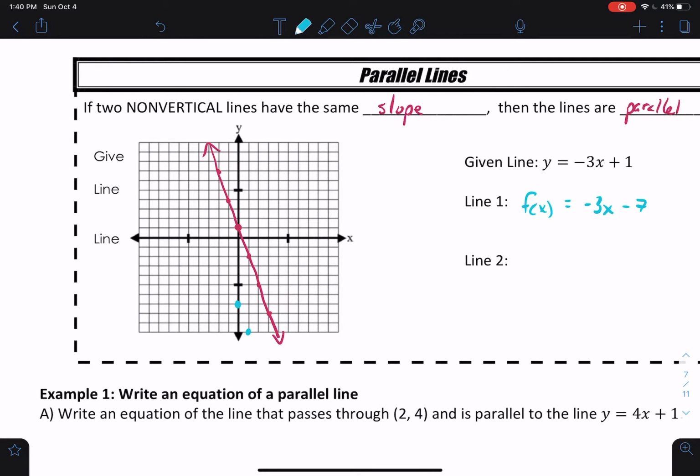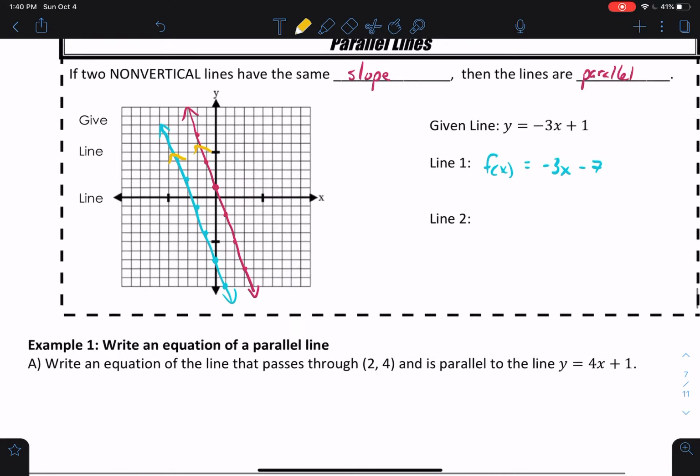Then I ran out of room, so I'm going to go up 3 to the left 1, up 3 to the left 1, up 3 to the left 1. I'm going to draw that line as best as I can. These two lines are parallel. They have the same slope but different y-intercepts.